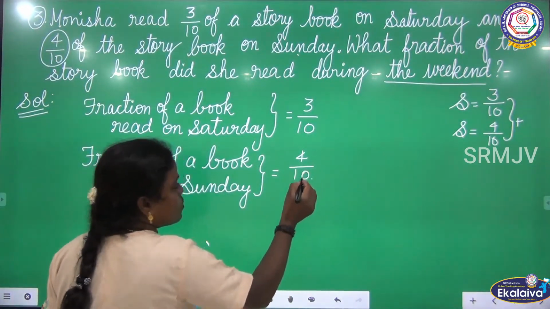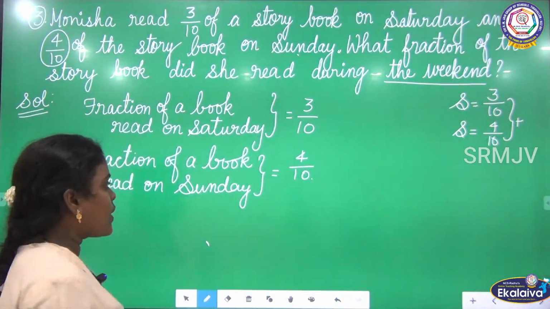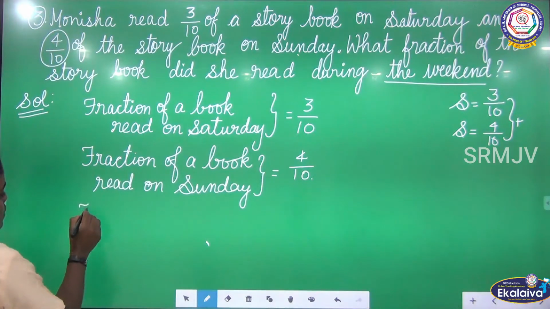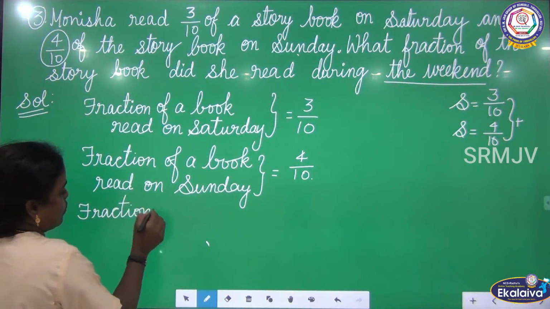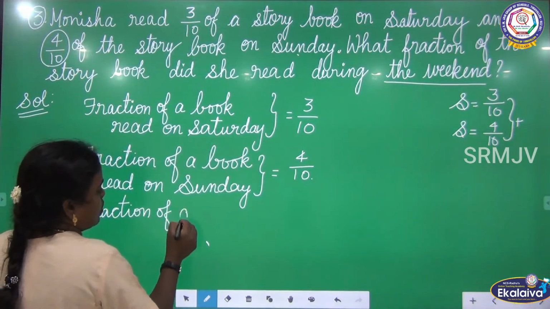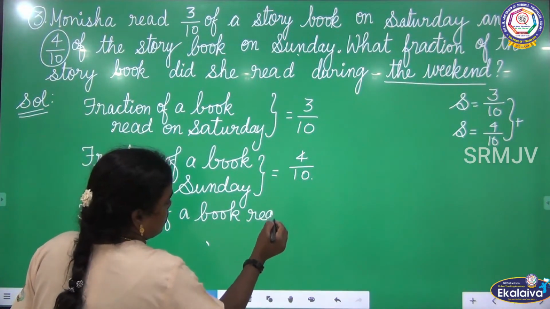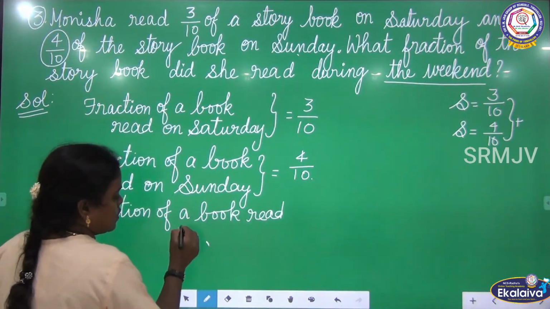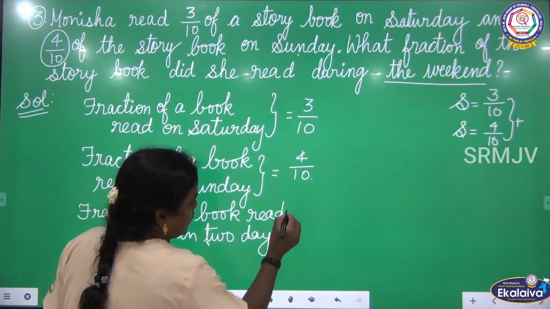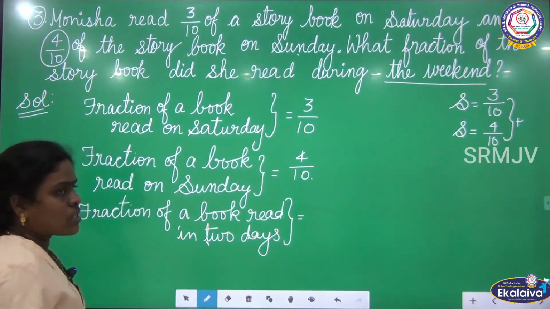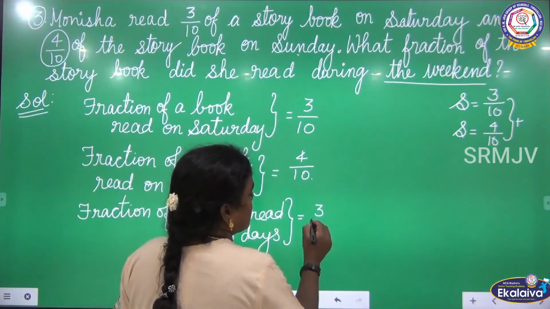We want to find out the fraction of the book read in 2 days. Fraction of a book read in 2 days. So you just add the given fractions to find out the fraction of the book which she read in 2 days.